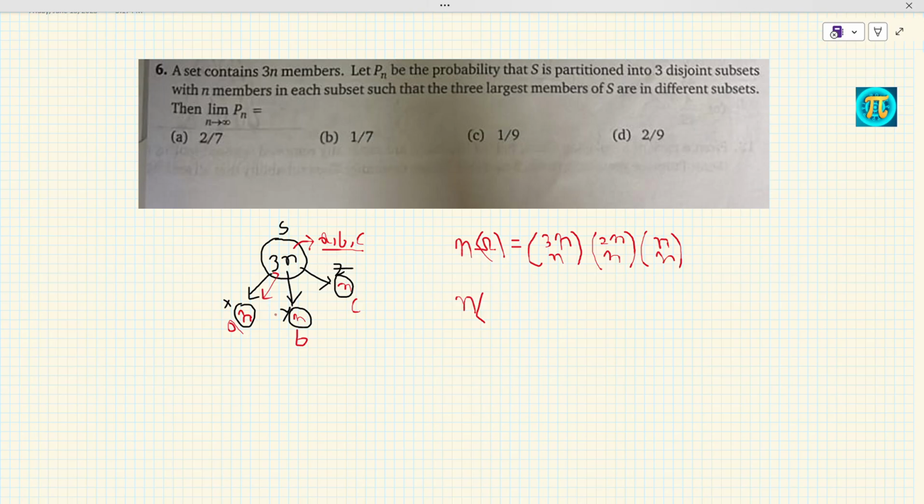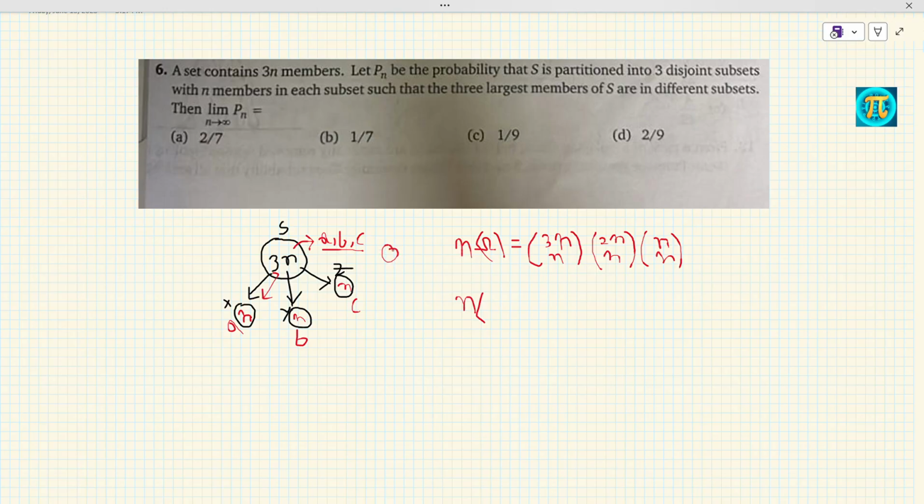So like Y cannot have both A and B, or A and C, Y must have either B or A or C, either of them. So let's name this event Q.